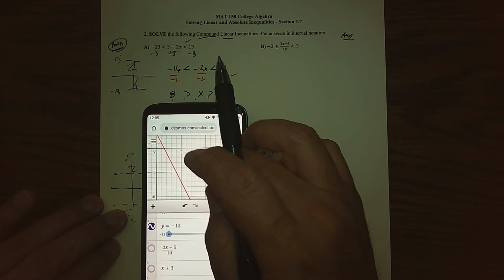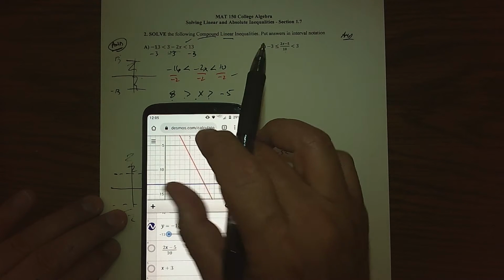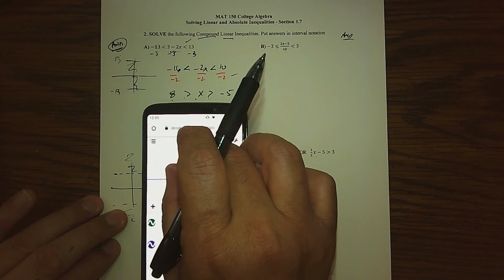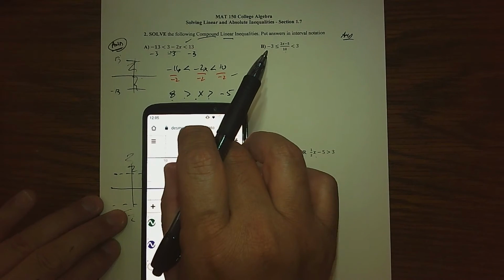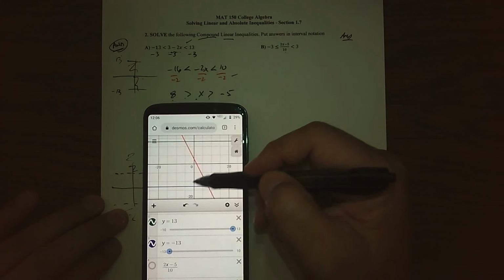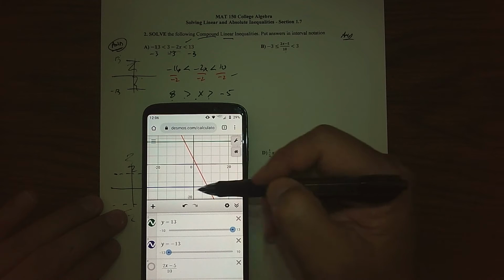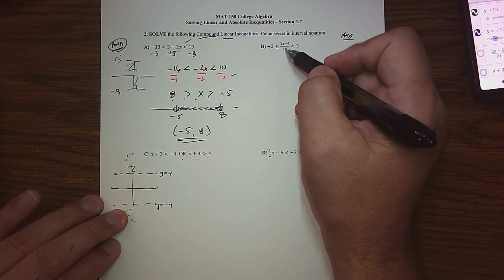And at 8, we are equal to. So between negative 5 and 8, the graph of 3 minus 2x sits between negative 13 and positive 13. So we've got it covered. Our algebra is good.